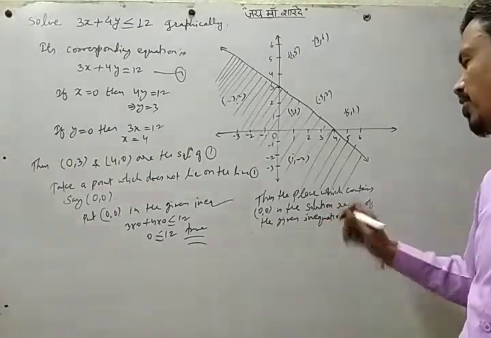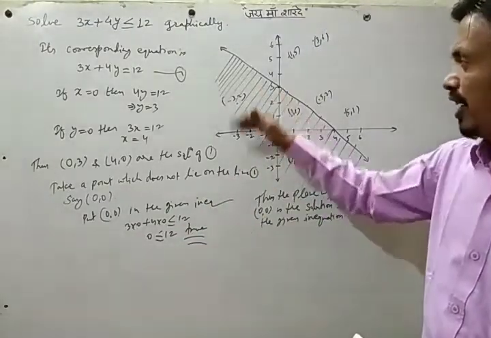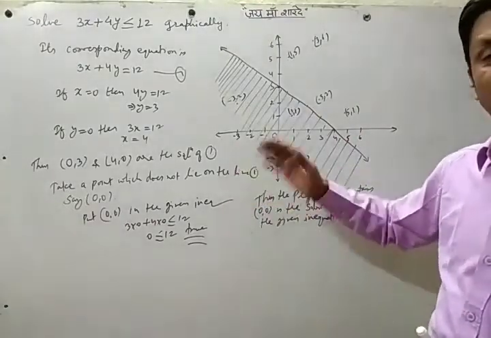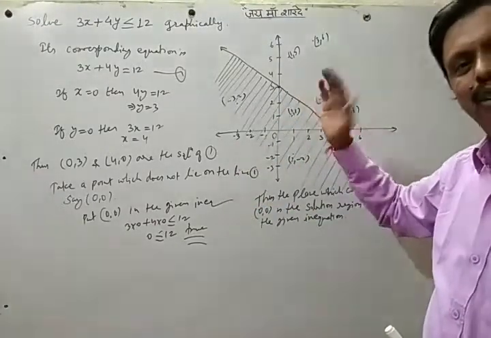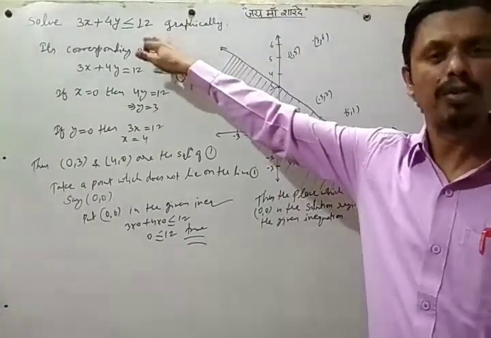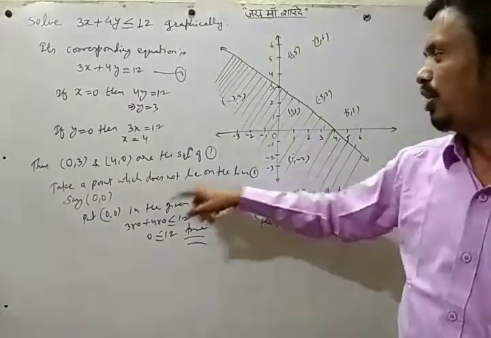Or given inequation. So if your point satisfies the inequation, the region where that point lies will be our solution. If it does not satisfy, then the other region will be the solution. And when we take 1 5, it does not satisfy this inequation. So this part is our solution. And if it is 0 0, it satisfies.